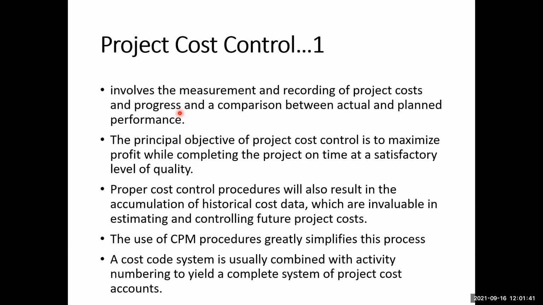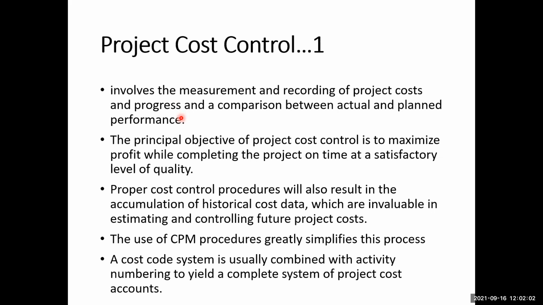Then, of course, this measured cost will be recorded, and this recorded cost will then be compared with the planned performance. So we will have the planned performance curve and the actual performance curve in terms of cost. Then we will see what the difference is.